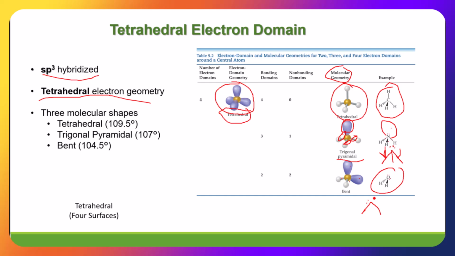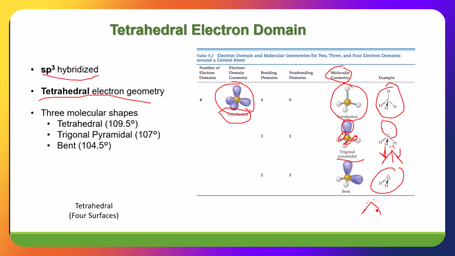You've got 2 non-bonding pairs on a 4-domain tetrahedral electron geometry. This gives you bent, and it gives you a less than 109.5 degree bond angle. It's more like 104.5, but I won't be that specific with the bond angles.